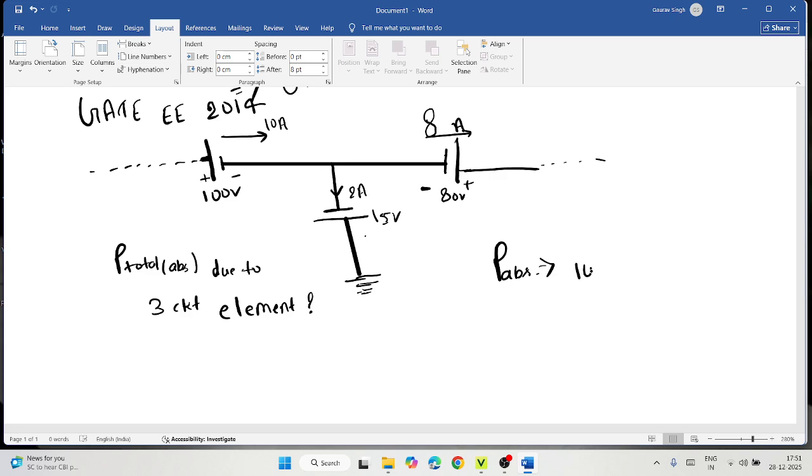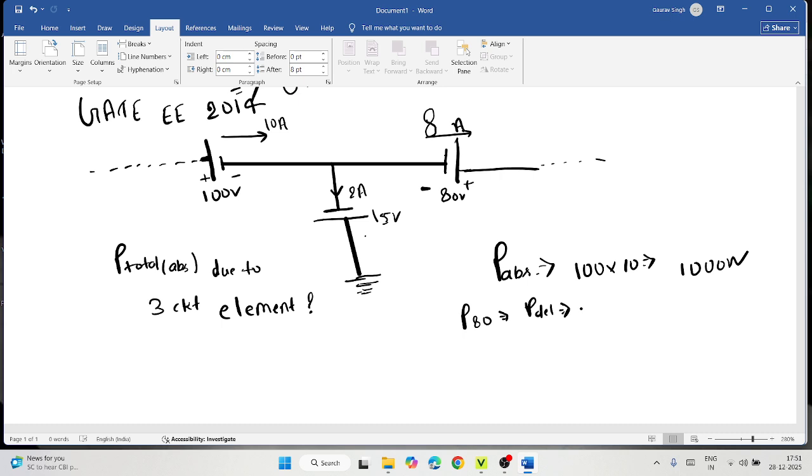Given that a 100 volt voltage source is there and a 10 ampere current source is given, 1000 watt is the absorbed power. And for the 80 volt source, it is delivered power. Why delivered power? Because you can see that the 8 ampere current enters through the negative side of the voltage source, that's why it is delivered power.